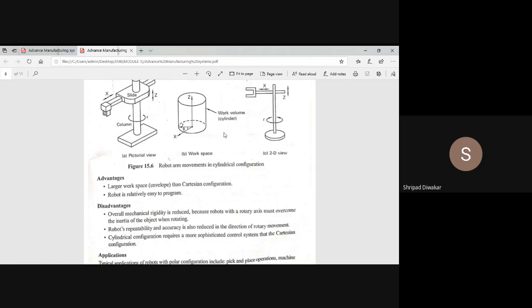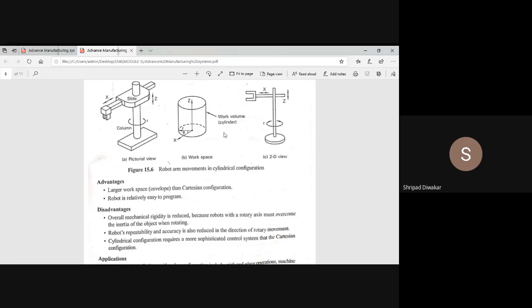Okay, next, disadvantages. We will get a high degree of rigidity in case of Cartesian coordinates. Here the overall rigidity is reduced because robots with rotary motion must overcome the inertia of the object when rotating. The inertia force comes into picture. Because of this, we cannot hold the jobs rigidly with the help of cylindrical coordinates, but the Cartesian coordinates have a high degree of rigidity.